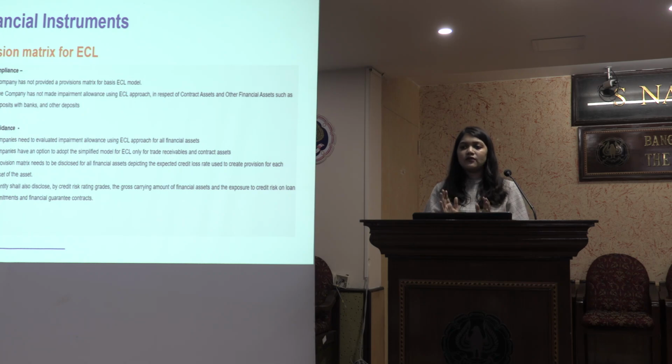We can create a lifetime ECL for trade receivables without assessing whether it is in stage 1, stage 2 or stage 3. But this is not allowed for any other financial asset. For all the other financial assets we have to see which stage they fall in, and accordingly create an ECL provision for them.